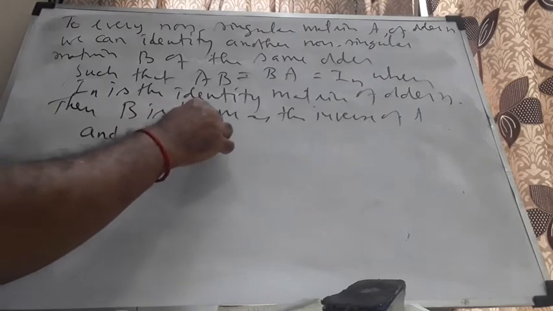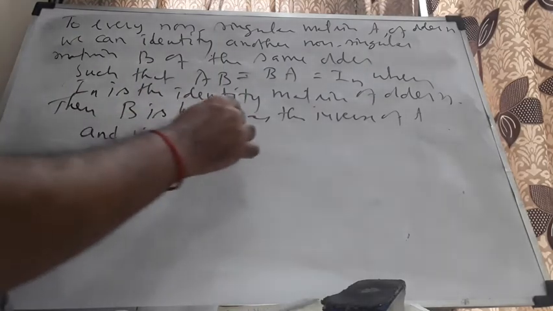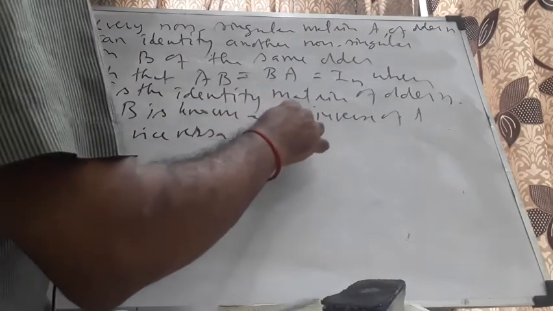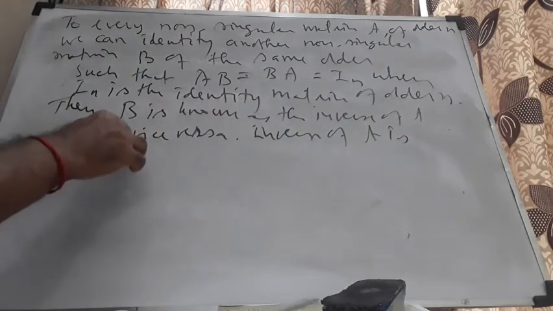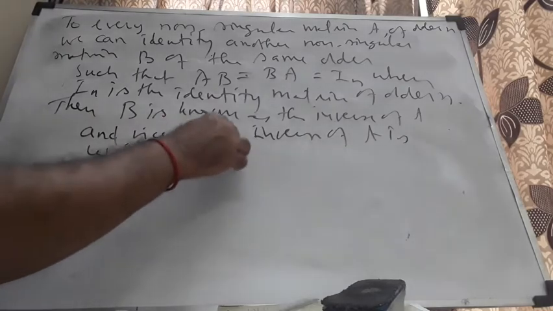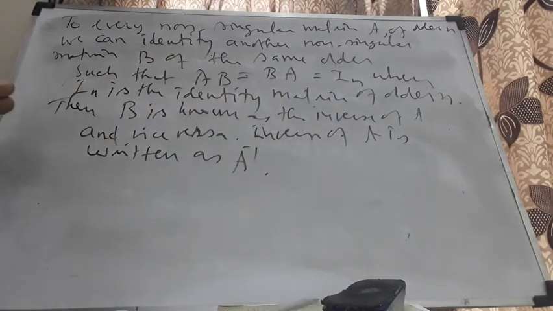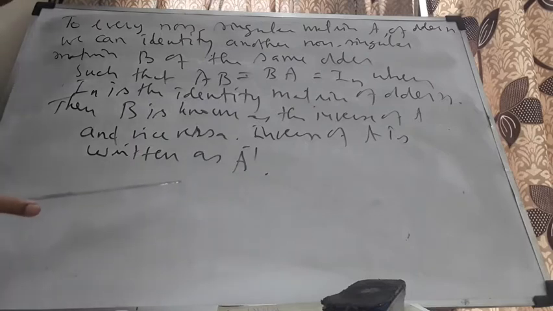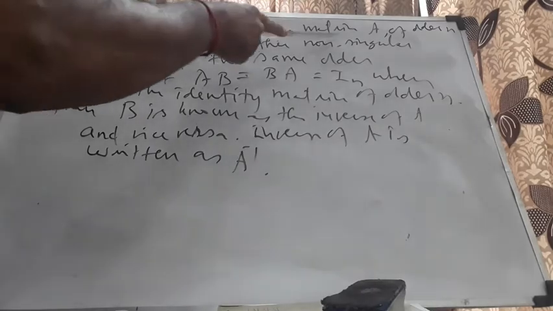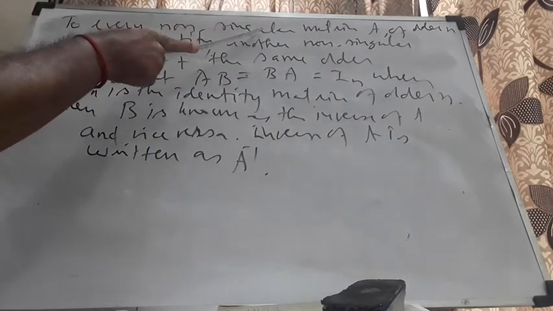What is the meaning of vice versa? A is the inverse of B, and inverse of A is written as A inverse. I can't write it as 1 by A, there is no such representation. I simply write it as A inverse. Let me repeat. To every non-singular matrix A of order n. What is the meaning of non-singular? Determinant A should be not equal to 0.